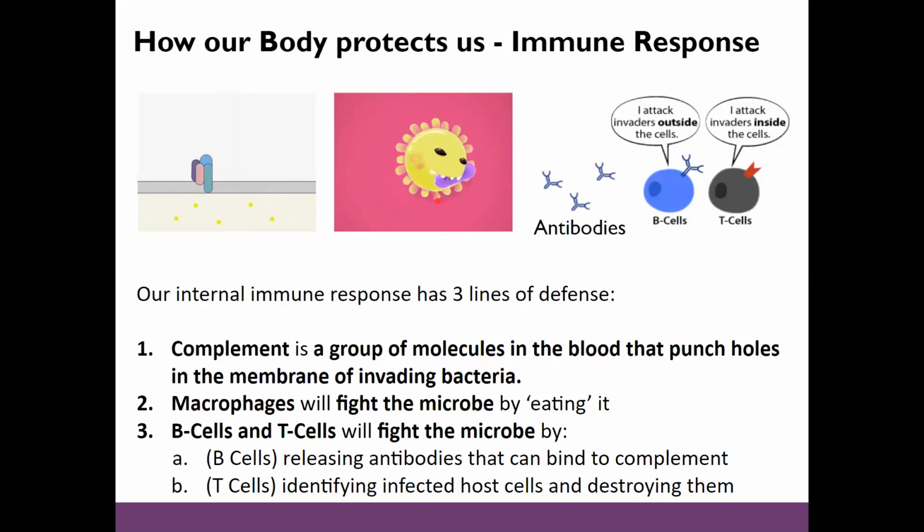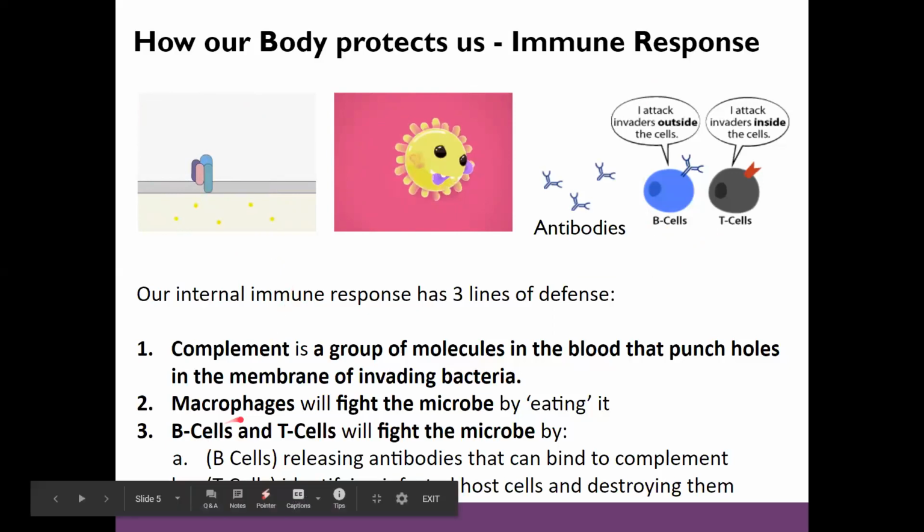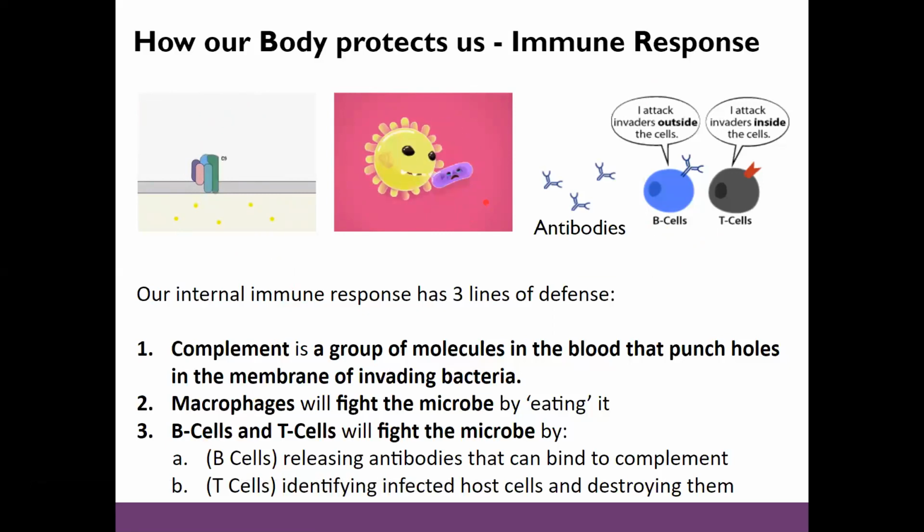And finally, we have the third line of defense, which is a little slower. We have B cells and T cells. Now, the B cells use antibodies that can bind to the complement here and destroy invading cells. Or they could even bind to the invading bacteria, simply cause them to clump together or flag them for destruction by macrophages.